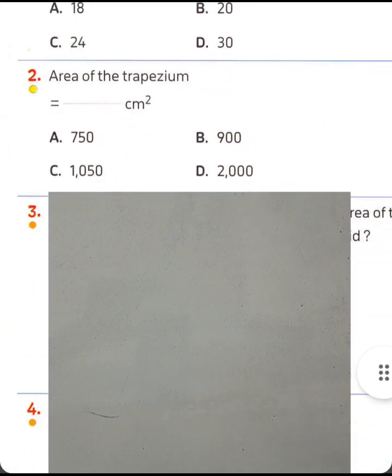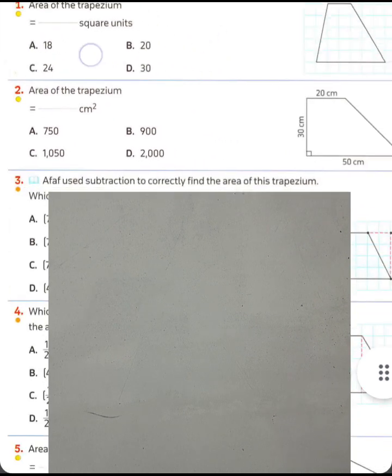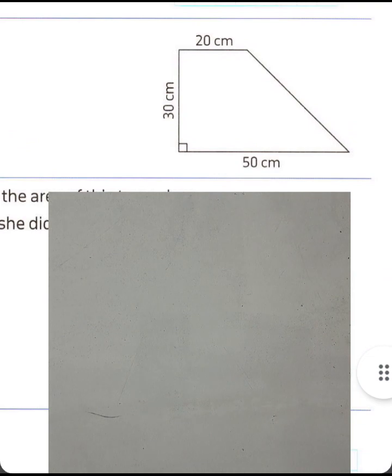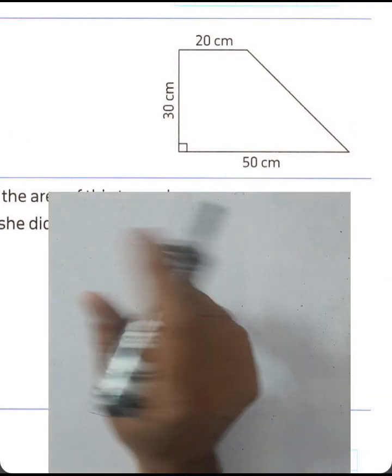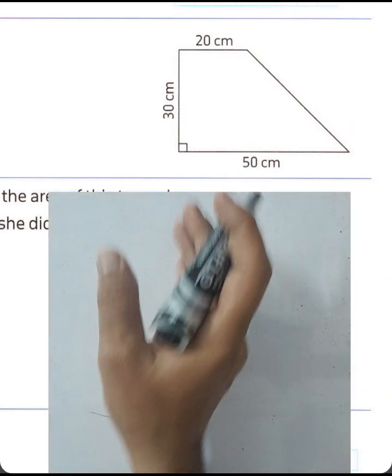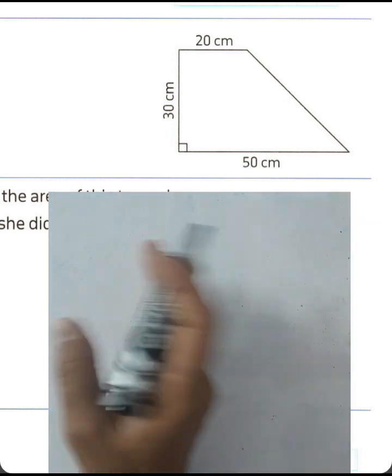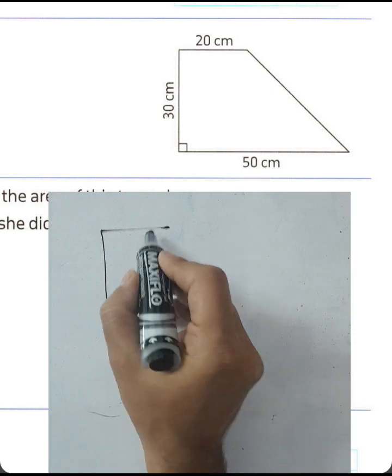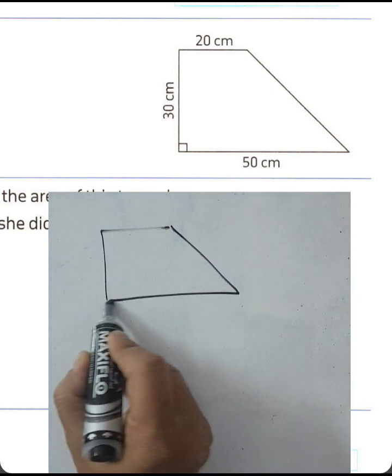Next example, area of a trapezium. Here we have a trapezium, two bases and the height. We can write the rule, or you can divide this trapezium into two parts and find the area of this rectangle and this triangle.